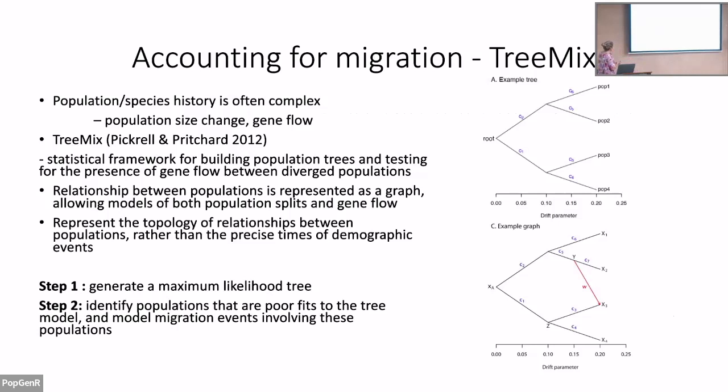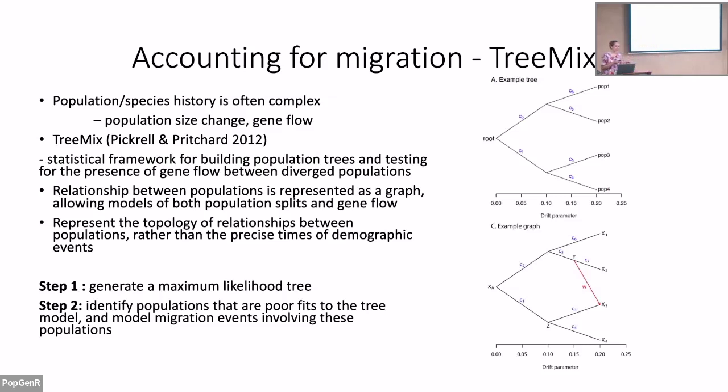So this is one method that tries to account for gene flow in trying to resolve the phylogenetic relationships. But I will add that although it's a great method, it's really looking at those relationships of more recently evolving lineages. So you probably wouldn't use this approach for deep phylogenetic reconstruction.